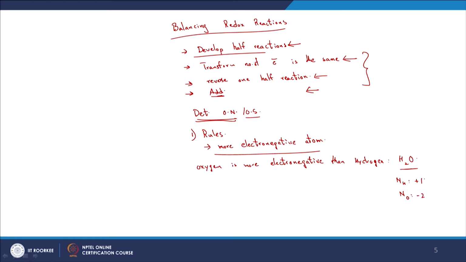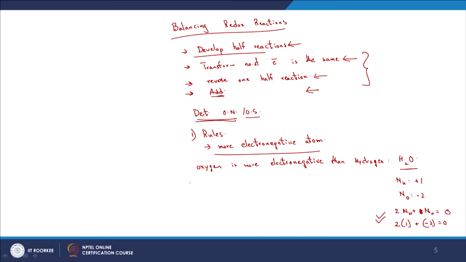And if you look at it, the sum should also be equal to 0 because there is no charge here. So 2 times the oxidation state of H plus 1 times the oxidation state of oxygen has to be equal to 0, and you see that 2 times 1 plus minus 2 is equal to 0. So the relevant rule has been followed.